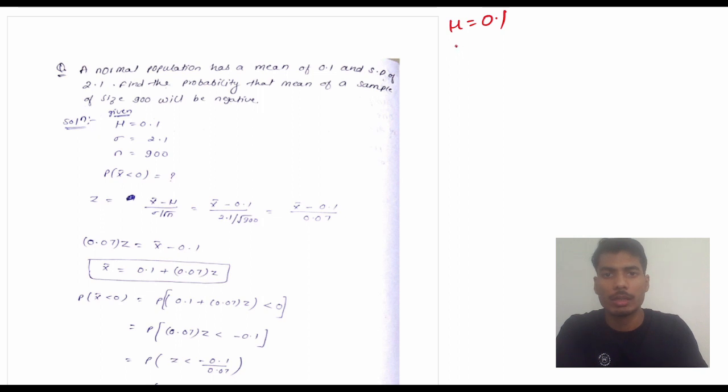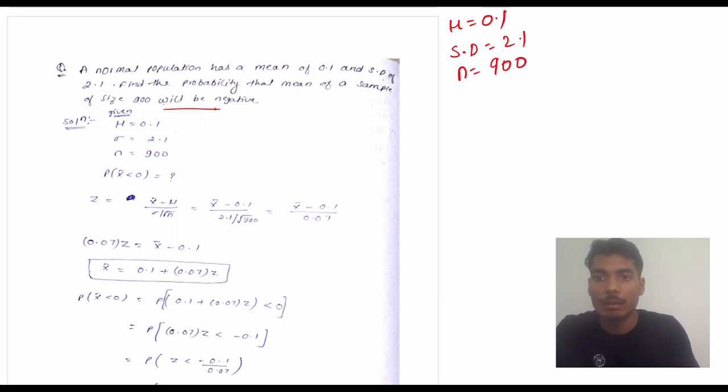The standard deviation is 2.1. Find the probability that the mean of a sample of size 900 will be negative. Sample size is 900, and negative means x bar less than 0, probability of x bar less than 0. This one we have to find.